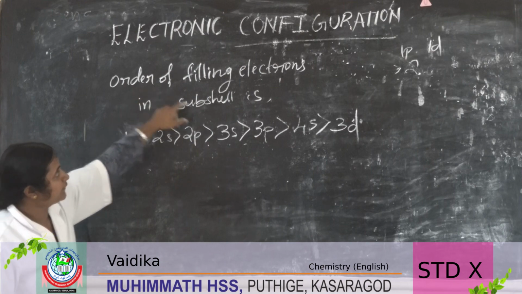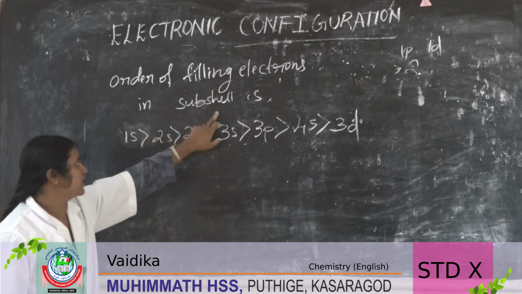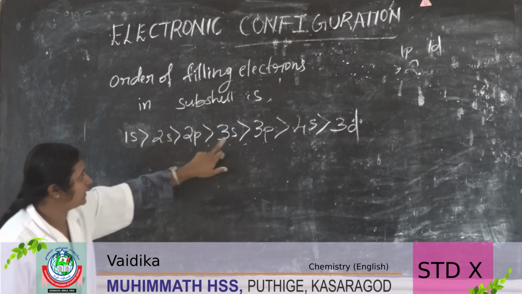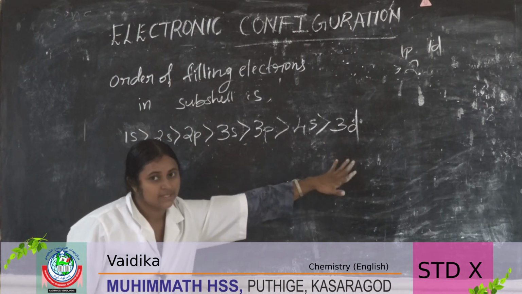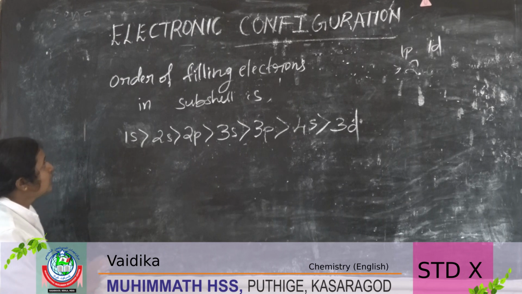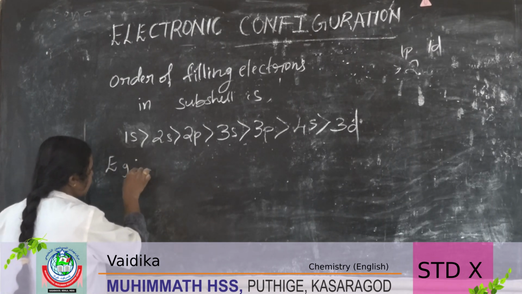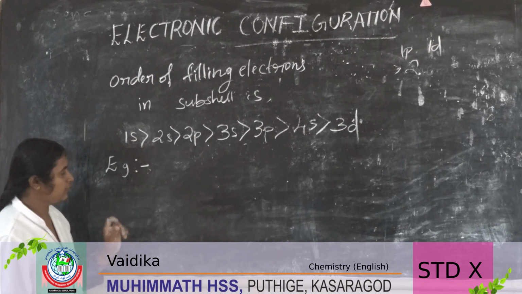The order of filling of electrons in the subshell is like this: 1s, after this 2s, 2p, 3s, 3p, 4s, 3d.